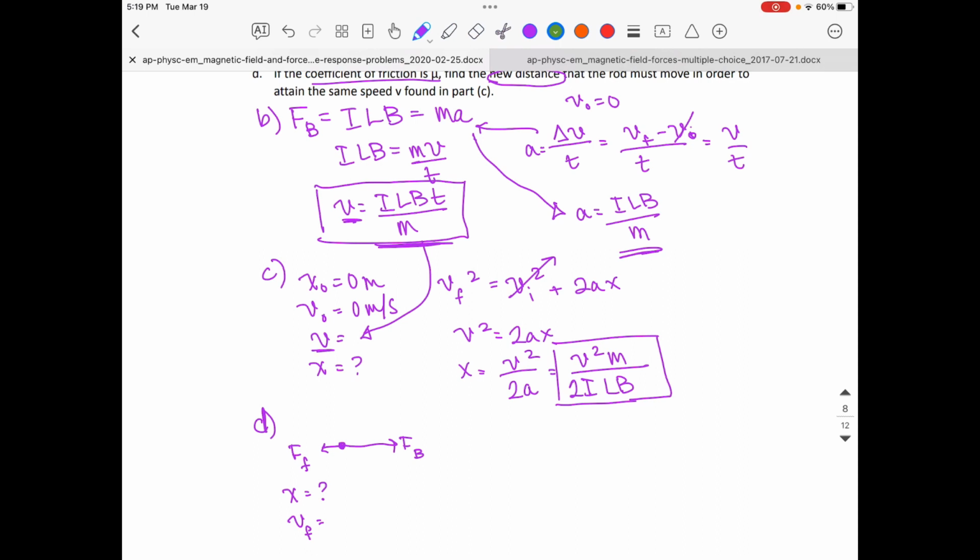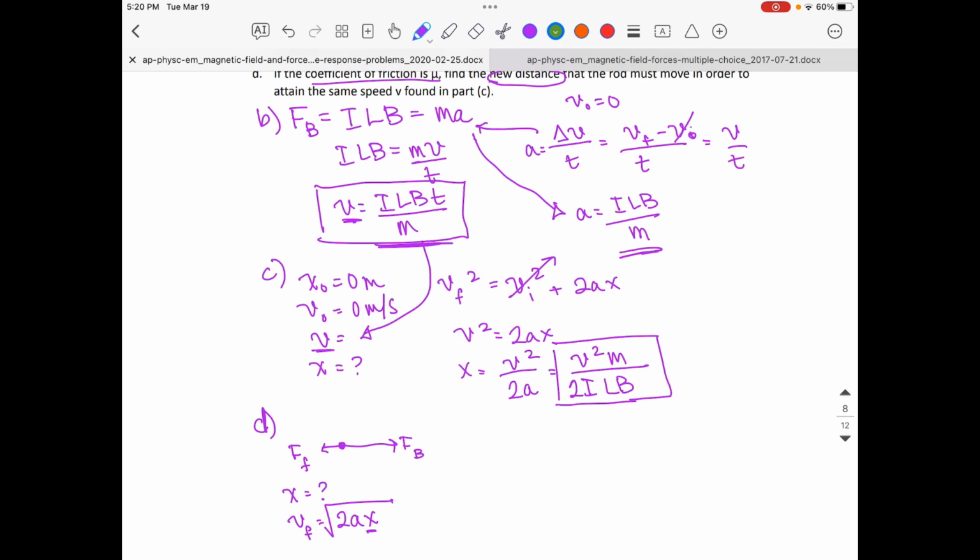And so if I solve, my V final would be the square root of 2ax, and we don't know this x, but that's what we're trying to isolate.